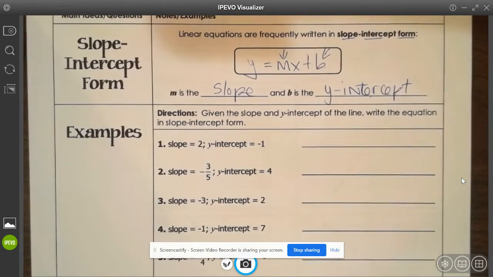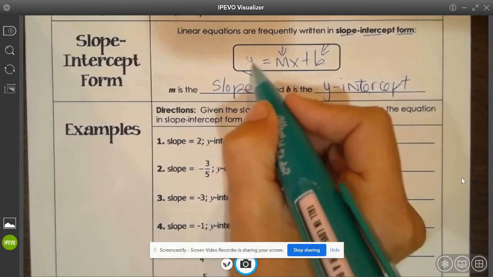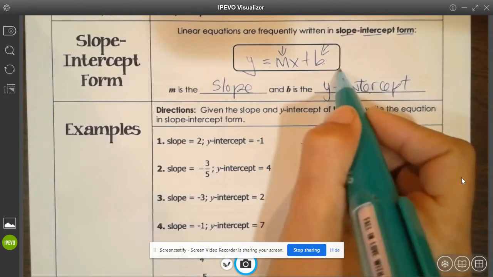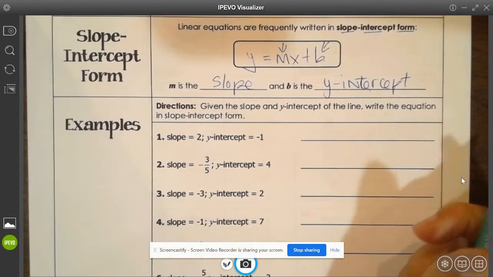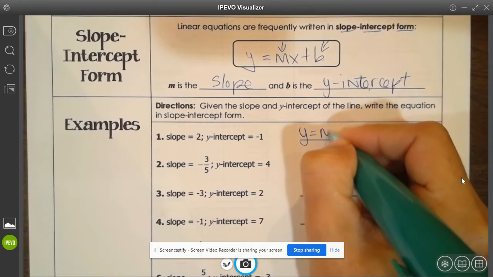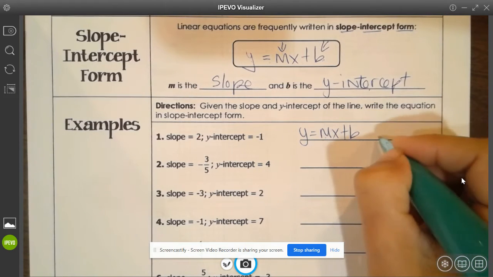Directions: give the slope and y-intercept of the line. Write the equation in slope-intercept form. So this is the slope-intercept form. It would be y equals mx plus b. So number one, they give you the slope. The slope is 2. So in y equals mx plus b, 2 goes for m over here.